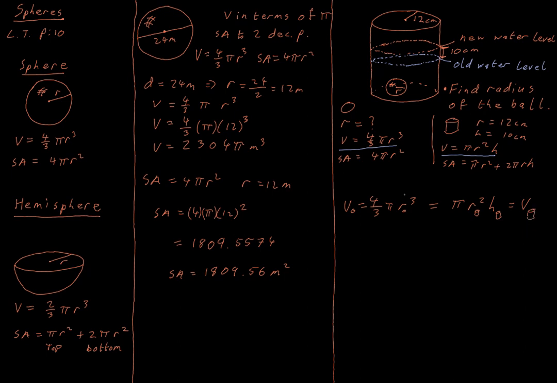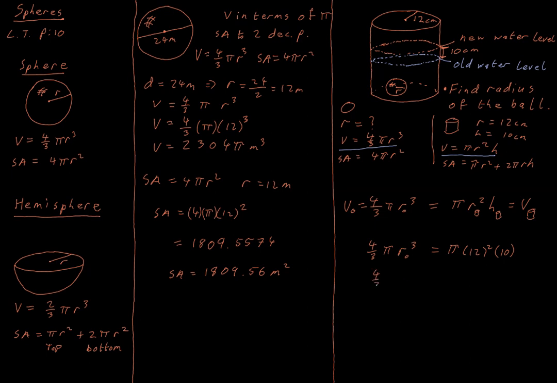So we can sub in and see if we can solve for our r0, for our sphere. So 4/3 pi r0 cubed, or r sphere cubed, equals pi, and r squared, that's the r of the cylinder, or the barrel, is going to be 12 squared, times 10 for the height. So now we have an equation that only has one unknown in it.